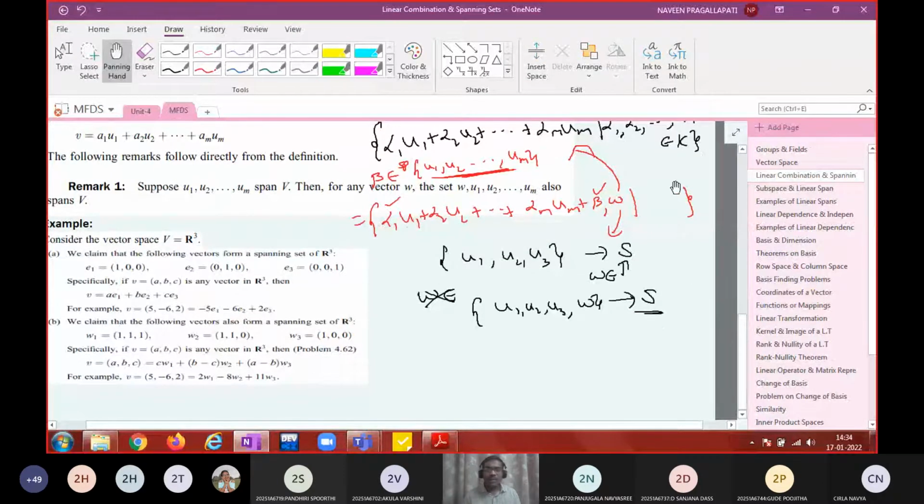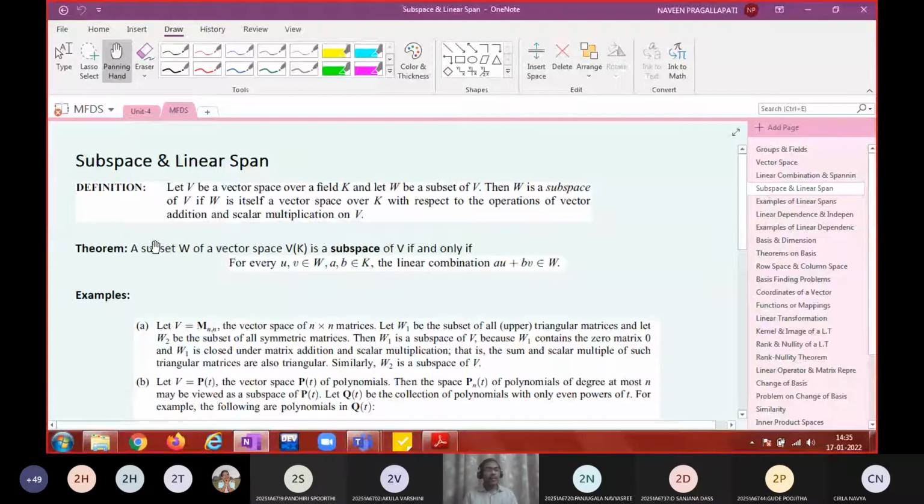Okay, and what do you mean by subspace? As I said earlier in the class, subgroup, subfield, subspace, they are subsets of the original set which are themselves groups, fields and vector spaces with respect to the original operations.